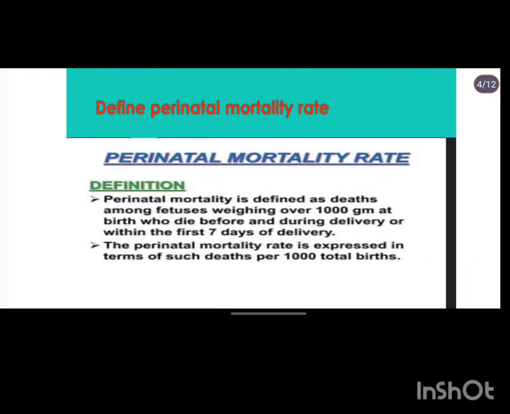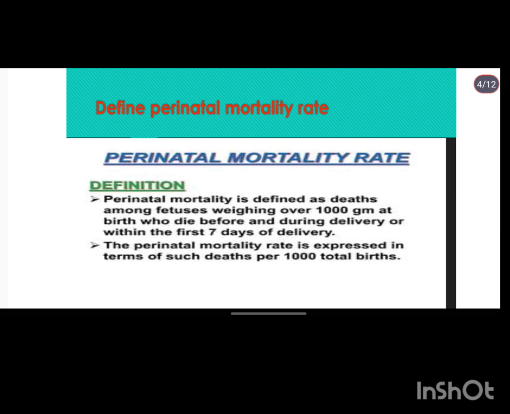So the next question is, define perinatal mortality rate. The perinatal mortality rate is defined as deaths among fetuses weighing over 1000 grams at birth who died before and during delivery or within the first 7 days of delivery. So perinatal, the name itself is telling you, means fetal death.